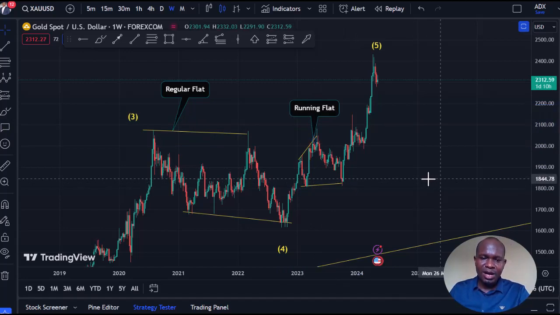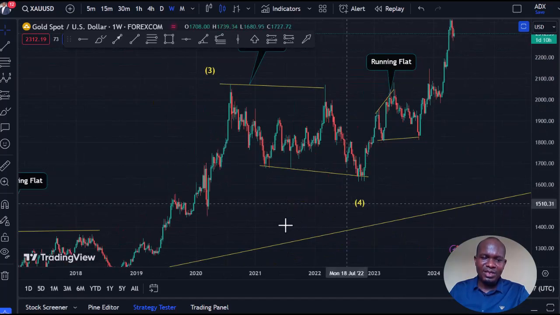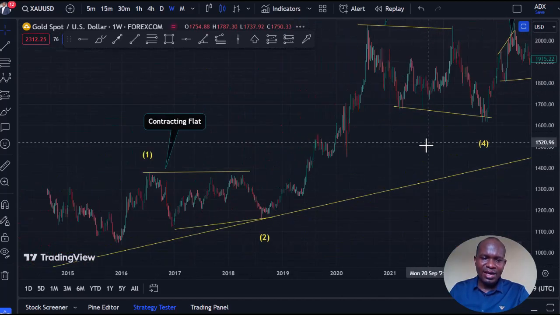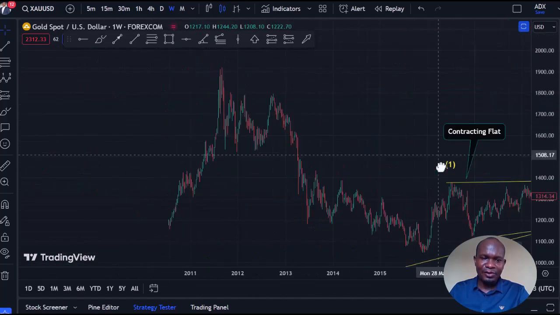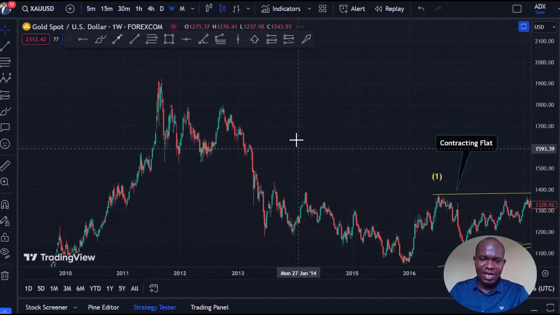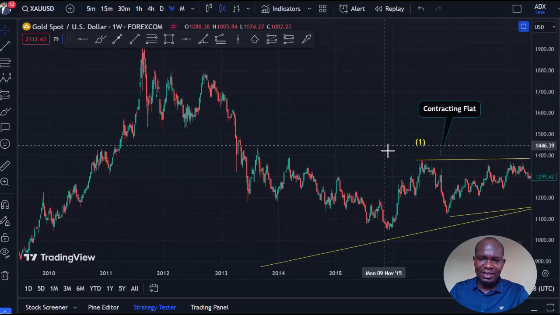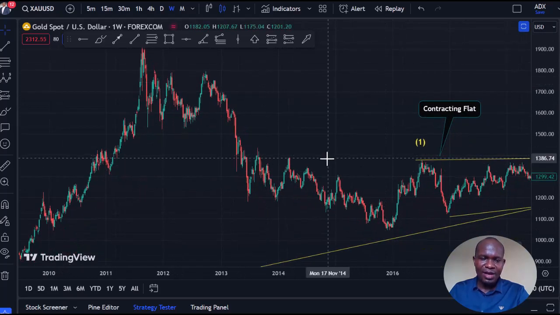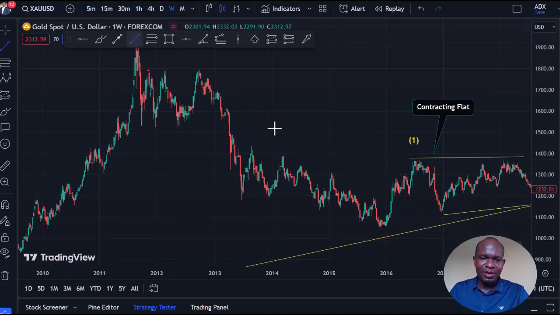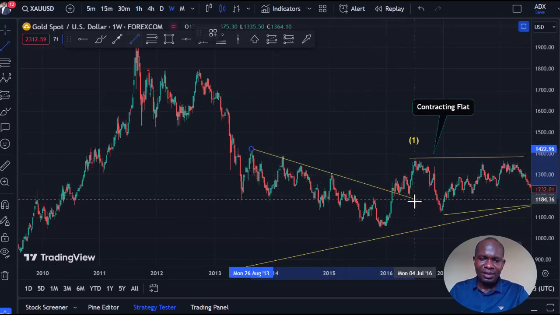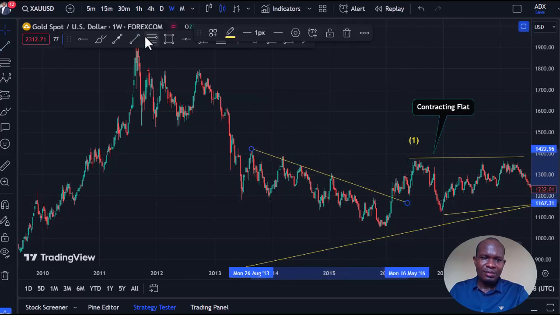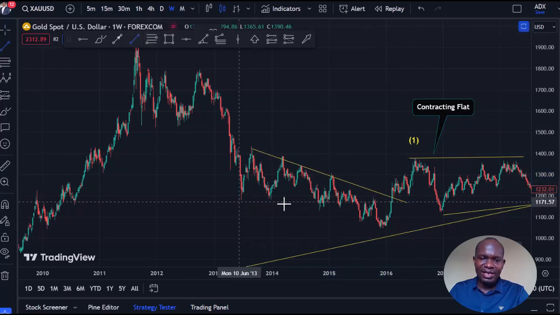Now, for learning purposes, if you go down here, you can also see some other patterns, just for you to have an idea of what you might be expecting. Before the market starts moving up, we have a clear movement here in the form of a diagonal.